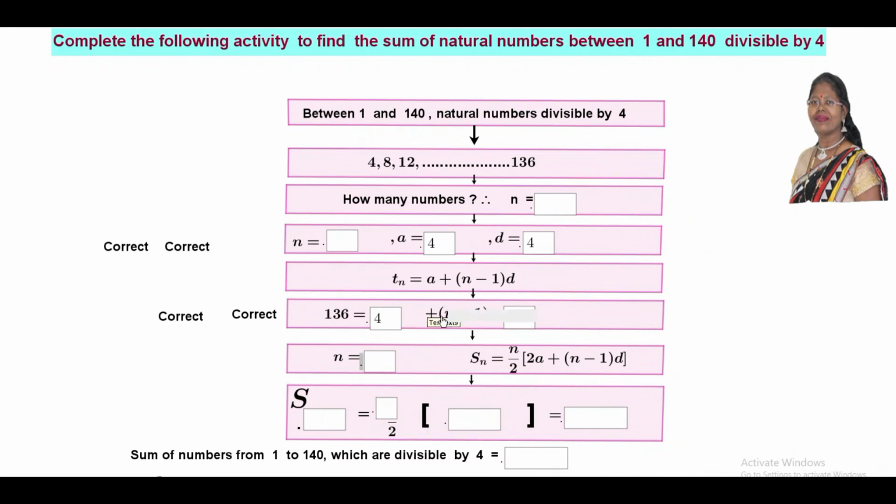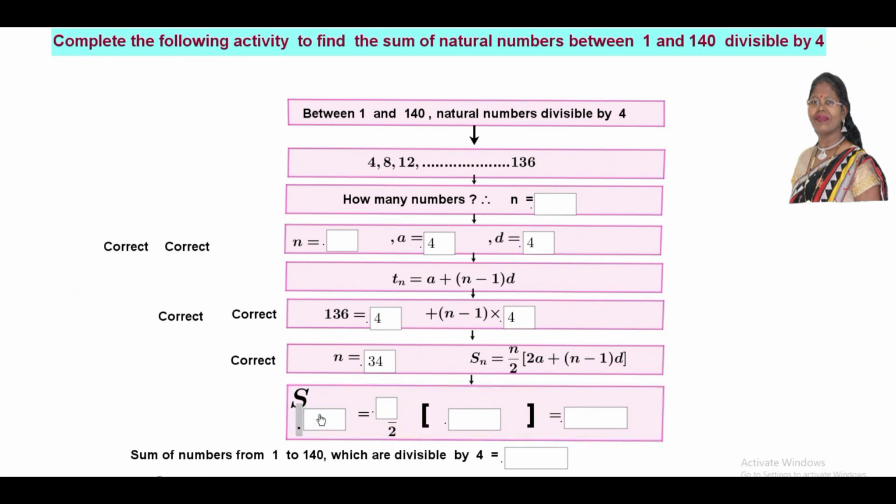Here we can find n by filling in the given information: Tn, A and D are given, so we can find n. I find n by solving, 34. It's 34, correct. So n is 34.